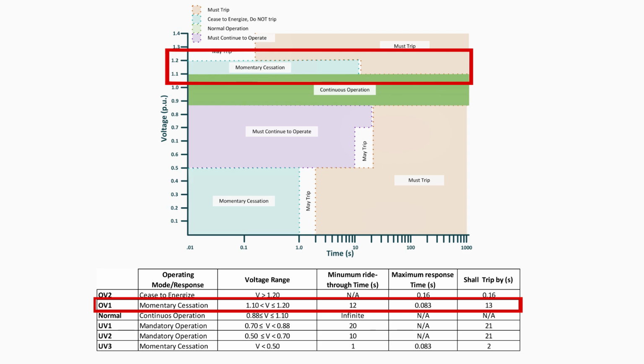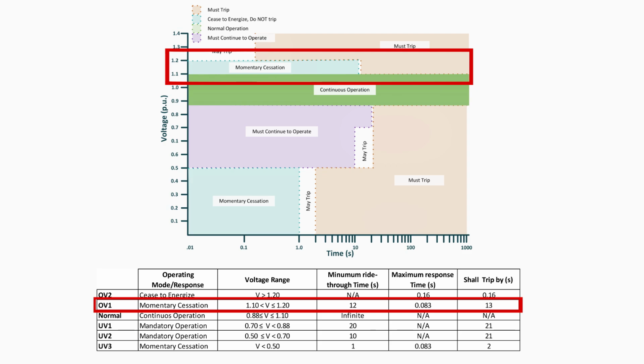In general, exporting power to the grid contributes to pushing the voltage up. So it makes sense that they would want the inverter to not export power during this time when the voltage is already too high. The inverter must trip by 13 seconds. So between 12 seconds and 13 seconds, the inverter may continue to wait or trip. It's kind of a quote-unquote gray area.